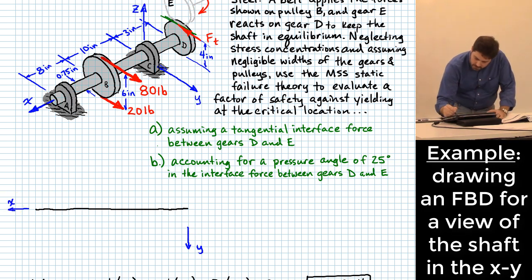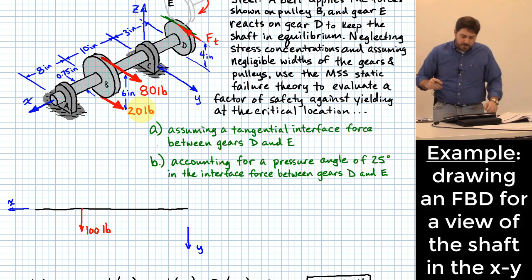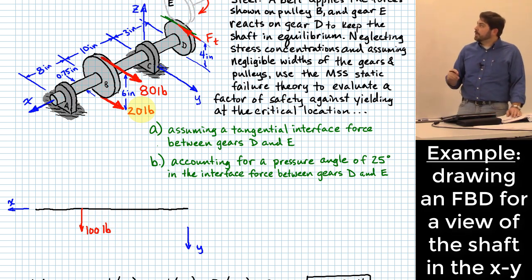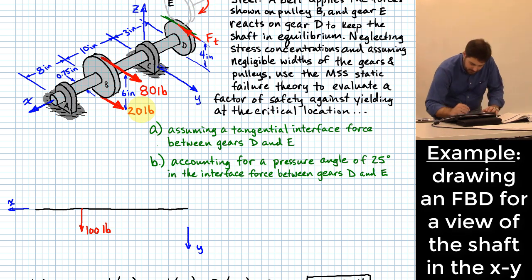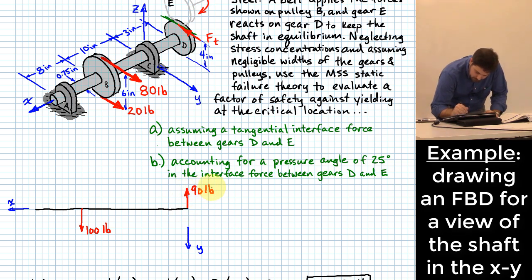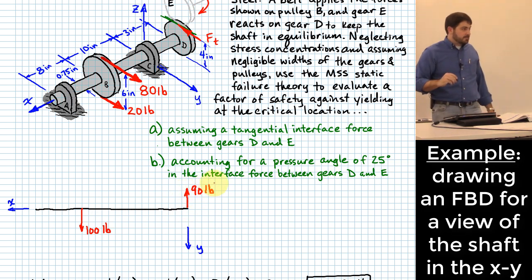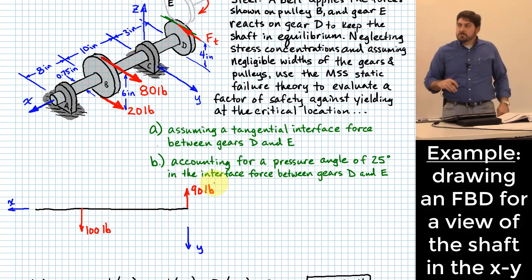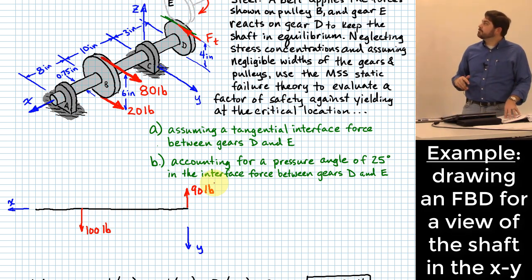So I've got this 100 pounds pulling down like this, because that's the combination of the 80 pounds and the 20 pounds from the belt forces on that pulley. What other force do I have on here? All right, I've got a 90 pound from F sub t, okay? And what keeps this thing from moving?